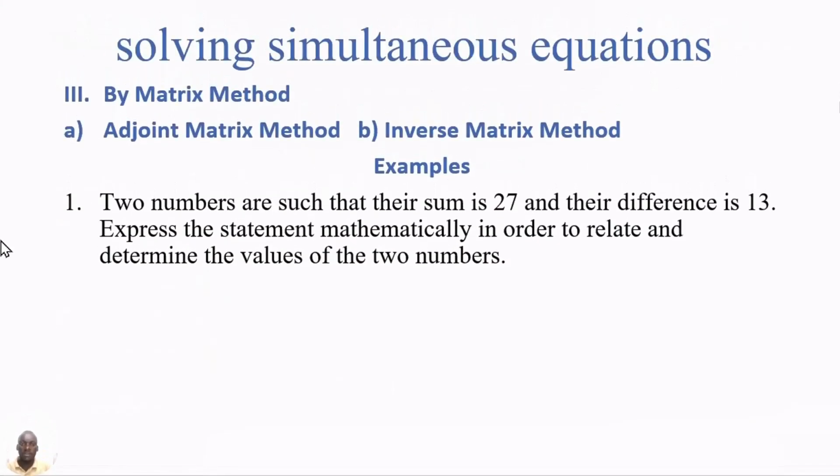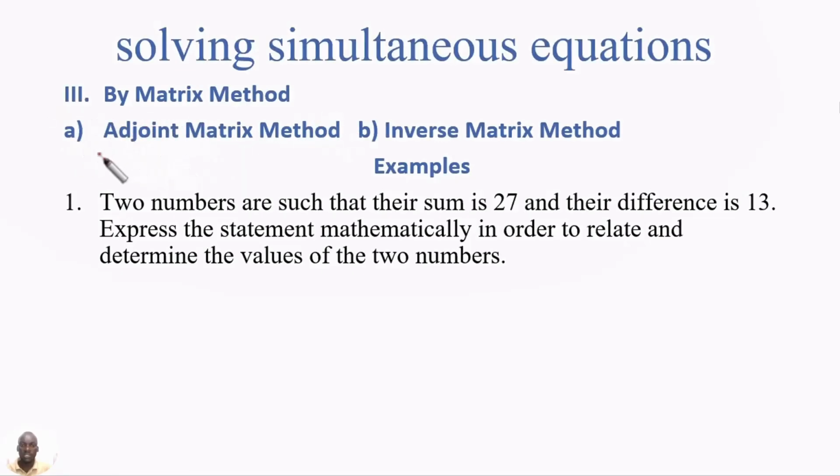It is method 3 because I said earlier on we learned about solving simultaneous equations using the elimination method and then the substitution method. This time around, we are looking at how we can solve simultaneous equations by the matrix method. Under the matrix method, we have subdivisions. We have part A, which is the adjoint matrix method.